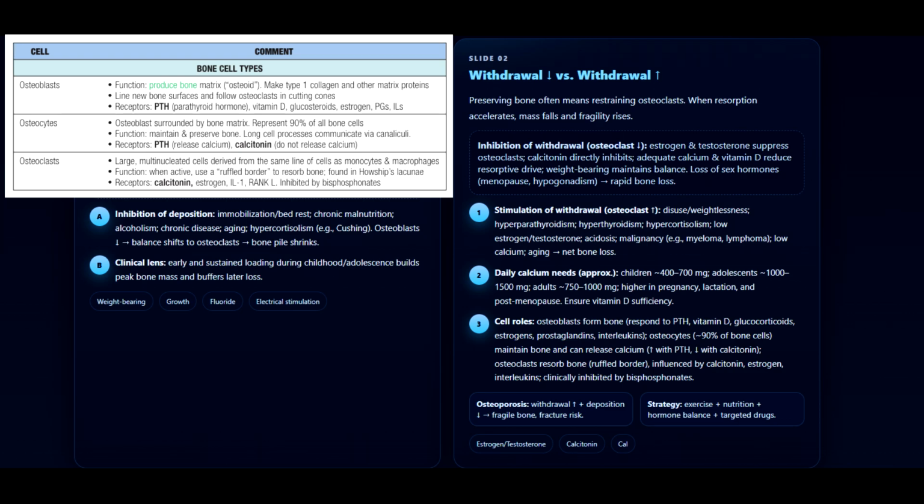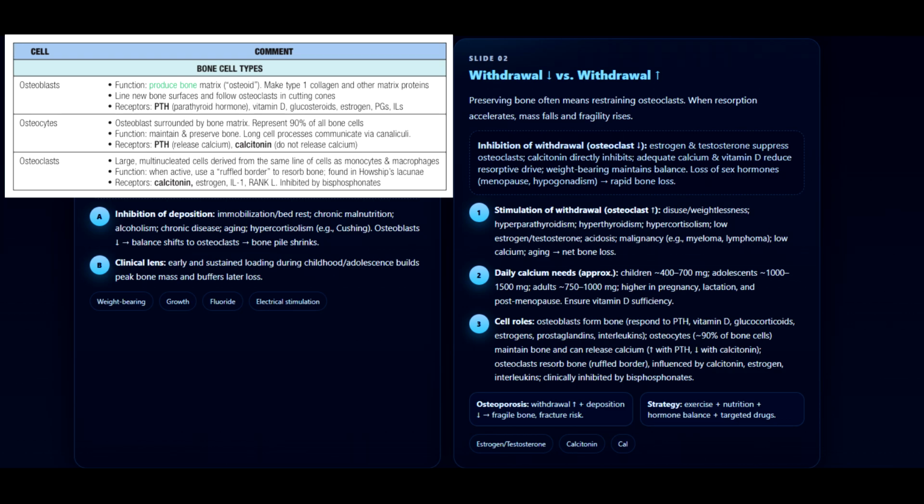Finally, we reach the fourth mechanism, stimulation of withdrawal, where osteoclasts become overactive. This is the pathway that leads to bone loss. Causes include lack of weight-bearing activity as seen in disuse or even in space travel, where weightlessness removes mechanical stress. Hormonal conditions such as hyperparathyroidism, hyperthyroidism, hypercortisolism, and deficiency of estrogen or testosterone all enhance osteoclast activity.